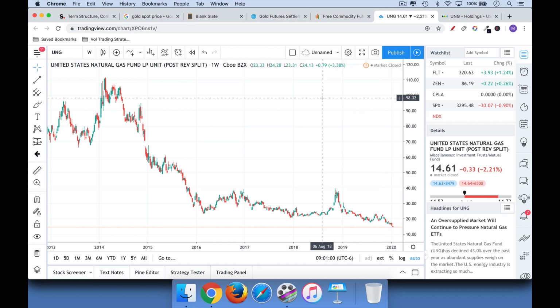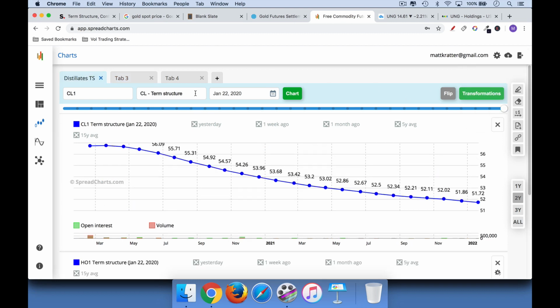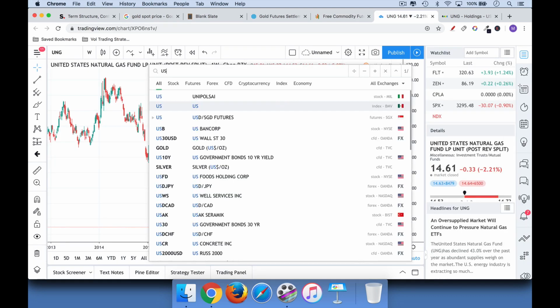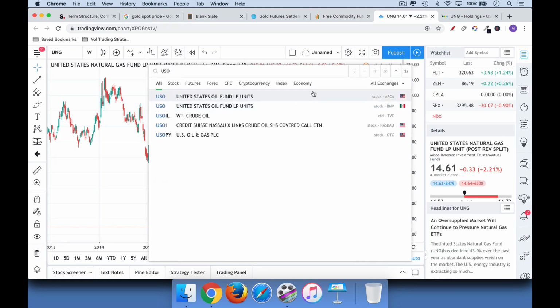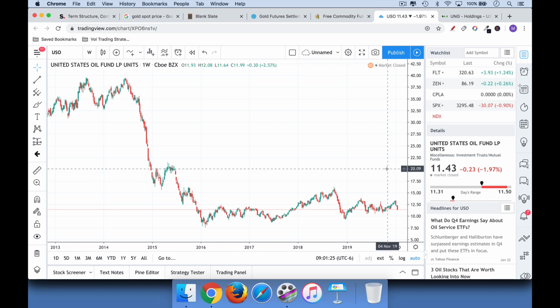If you're going to hold a commodity ETF, you need to be very aware of the term structure, whether it's in Contango or in backwardation. So, for example, if we're looking at the crude oil one, I believe the ETF is USO. And this functions in a similar way where they hold the front contracts. You can see it hasn't been quite as bad. It's been going sideways.